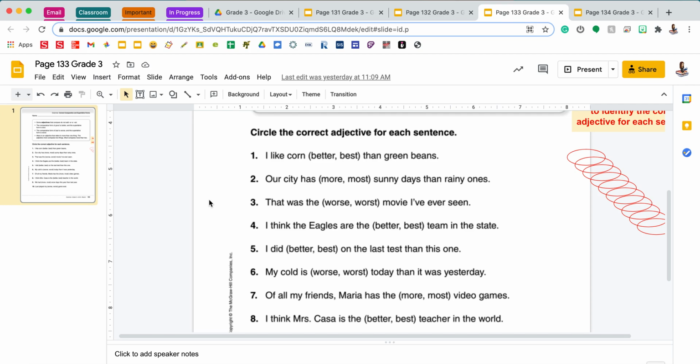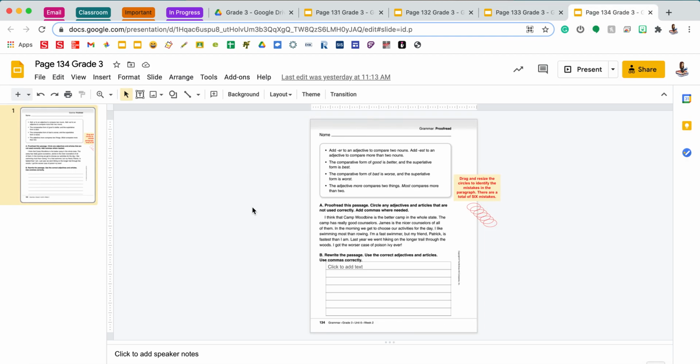Number 1 says, I like corn blank than green beans. Because I am comparing corn to green beans, that's only two things. Therefore, I need the comparative form of good, which is better. You will finish this page with the same directions.